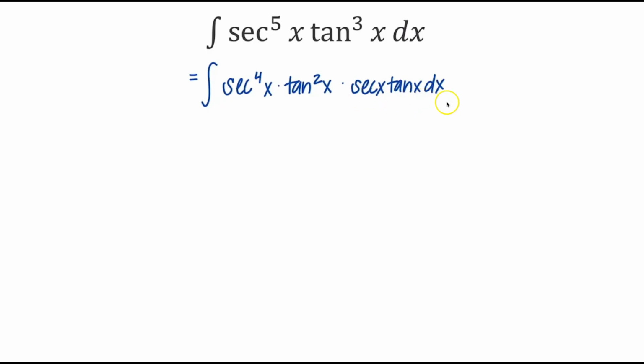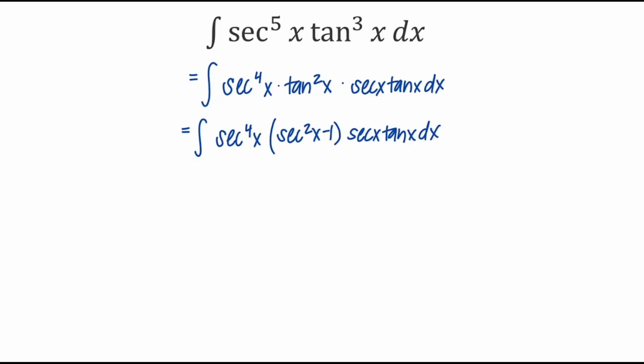The derivative of secant is secant tangent. So I need to leave secant to the 4th, and I need to rewrite tangent squared x as a function of secant x. So I rewrite this as secant to the 4th x, times secant squared x minus 1, and then I still have the secant x tangent x dx.